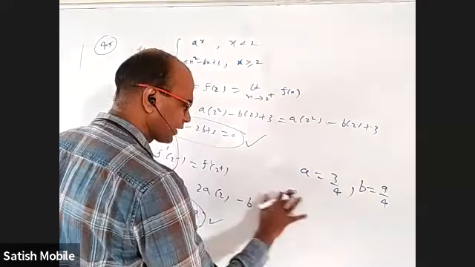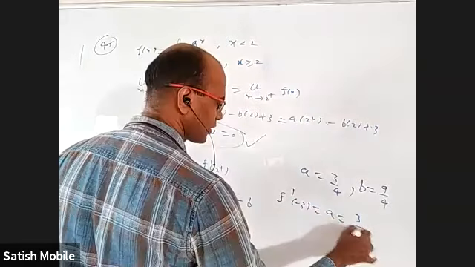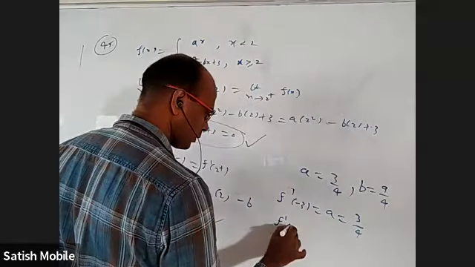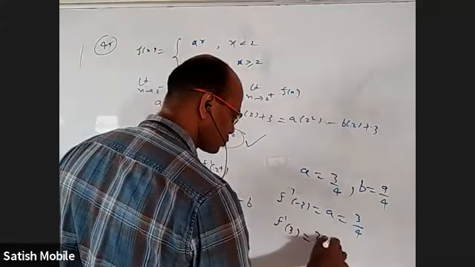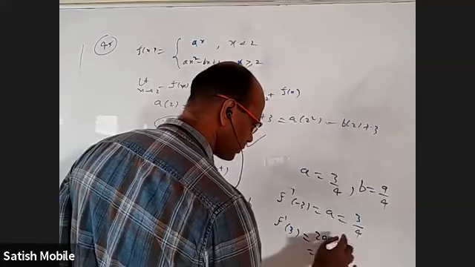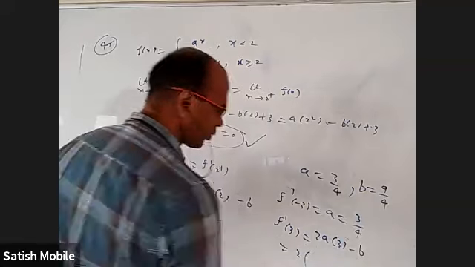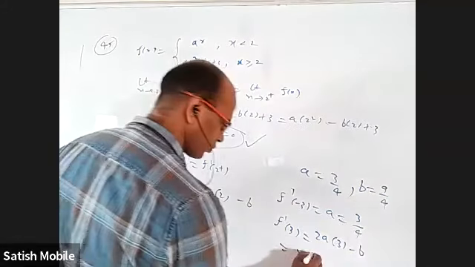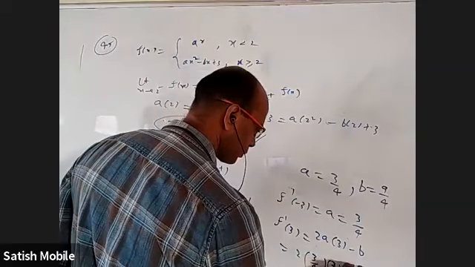F dash minus 3 is actually a itself, which is 3 by 4. And f dash 3 is the derivative of this, which is 2ax minus b, that is 2a into 3 minus b. What is a? 3 by 4, minus 9 by 4.